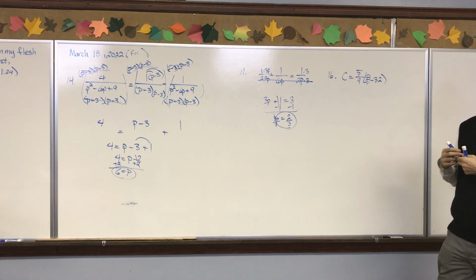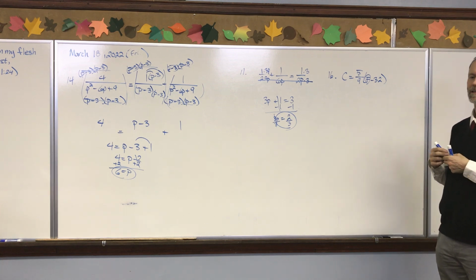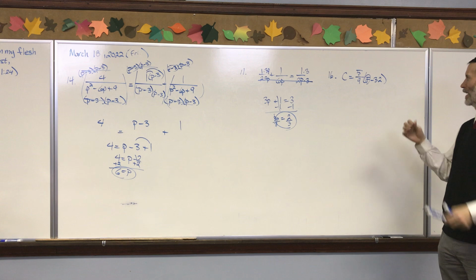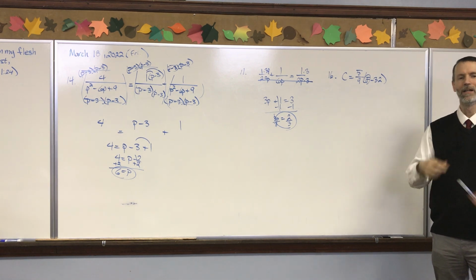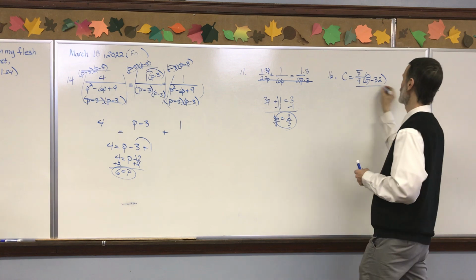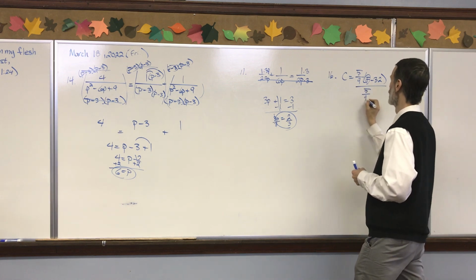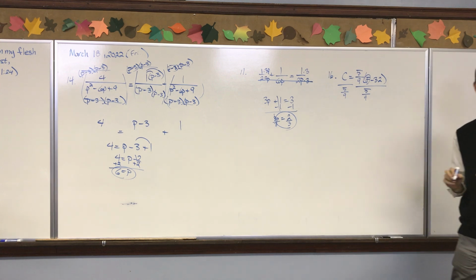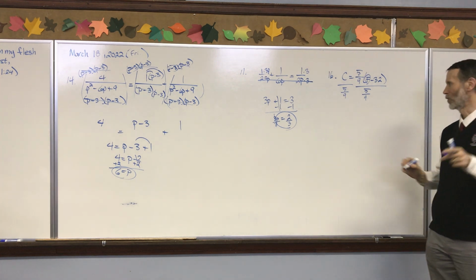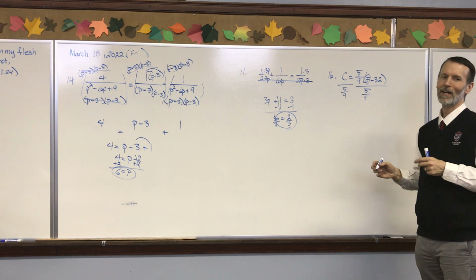Well, do they add it on, subtract it on, multiply it on, or divide it on? They multiply, so you divide. You're going to divide both sides by 5/9. Now, how do you divide by a fraction? You multiply by the reciprocal. What's the reciprocal of 5/9? 9/5.